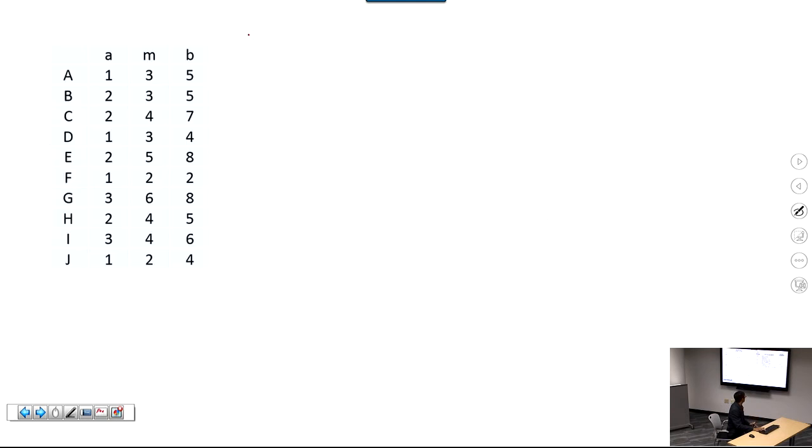Now they have given you 3 time estimates for every activity. Let's consider D as an example. Let's understand what those 3 time estimates mean.